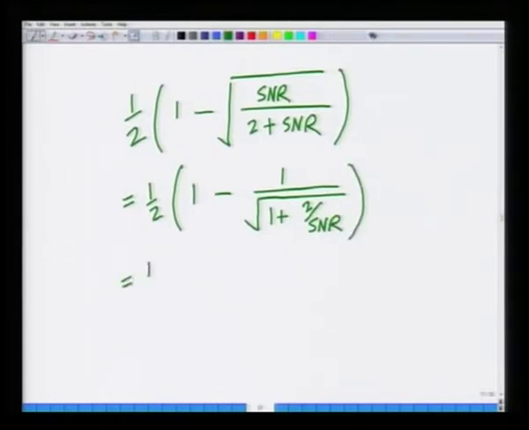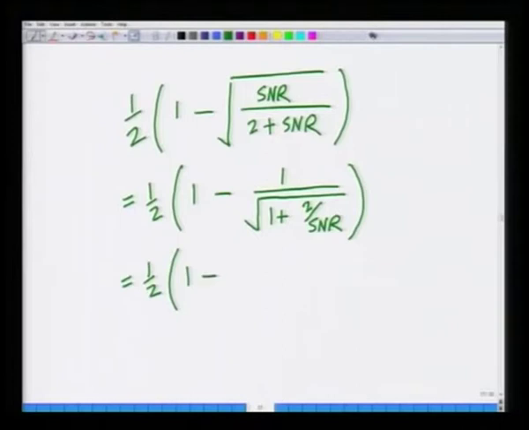Now, for high SNR, 2 over SNR is a small value, and we know that 1 over square root of 1 plus x for small x is approximately 1 minus half x.